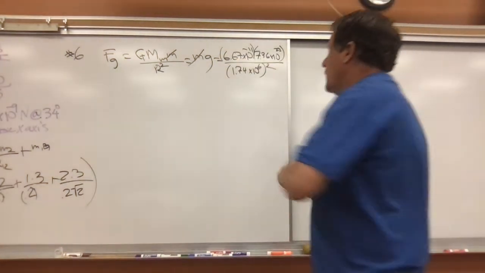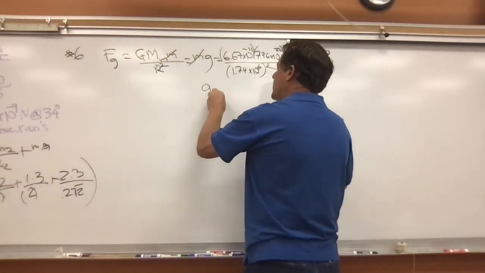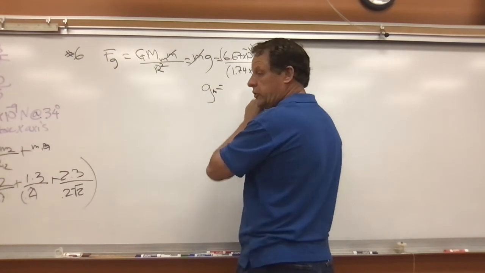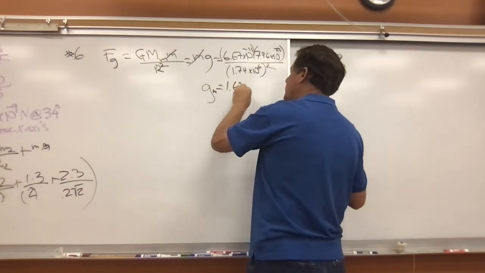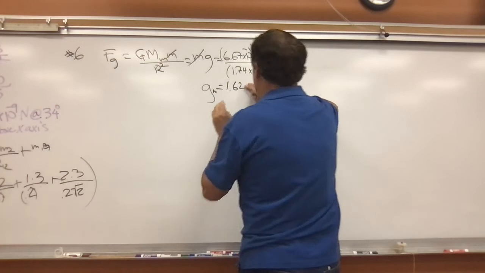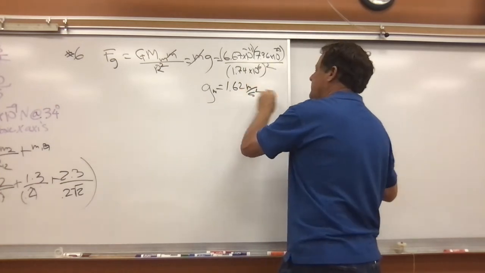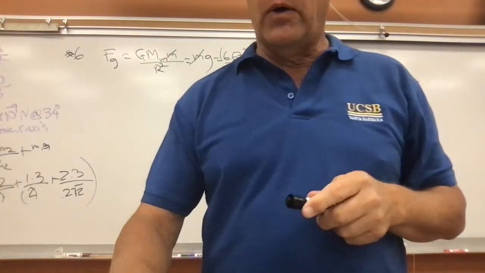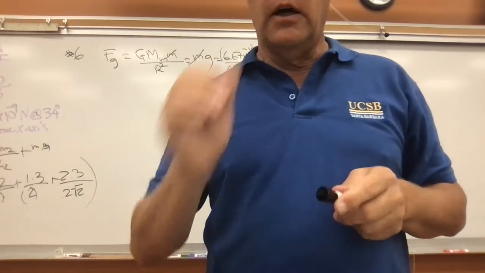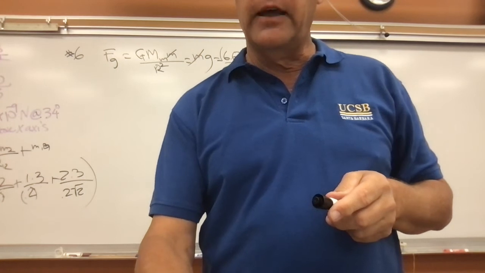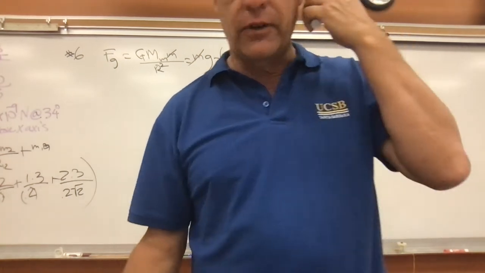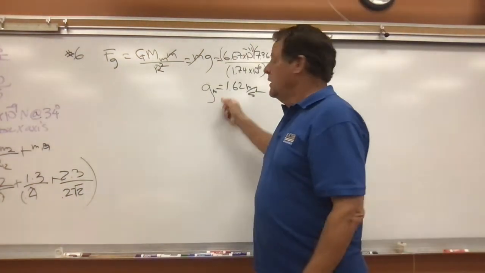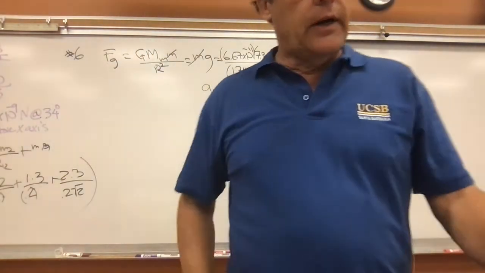Okay, so our gravity on the moon, or acceleration due to gravity on the moon, is 1.62 meters per second squared. Okay, and that is about 1/6 of it on the Earth. So if we multiply that by 6, we're at 9.73. So about 1/6. All right.